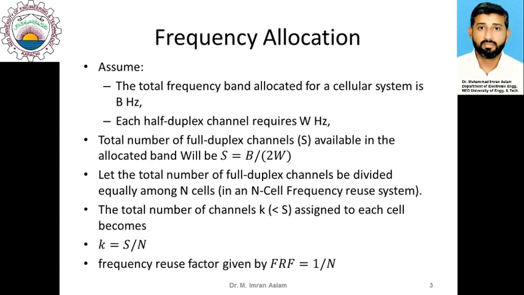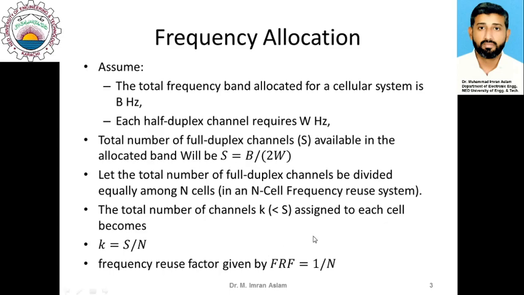For the time being, we assume that we are distributing the channels in equal proportion, so each cell gets an equal number of channels. Although it's not practically possible in every case, and sometimes we intentionally change the number of channels in different cells to meet the requirements of users, from a theoretical point of view we can make a convenient assumption that all the channels are equally divided among different cells.